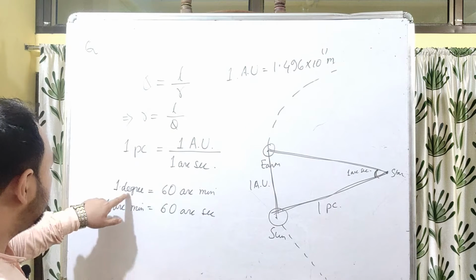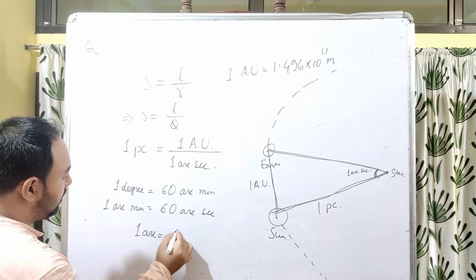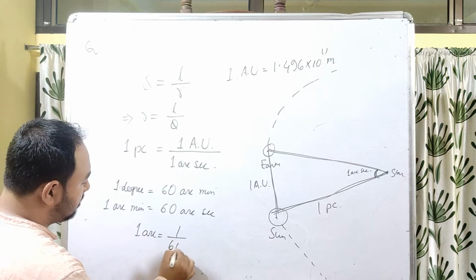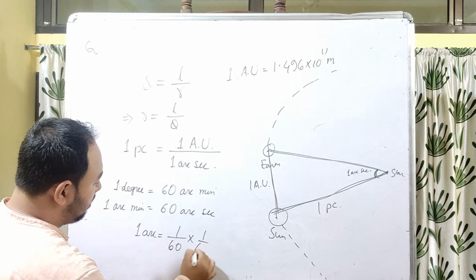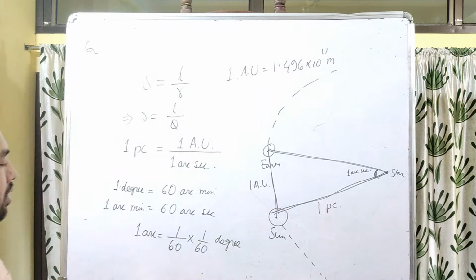So 1 arc second will be equal to 1/60 × 1/60 degree.